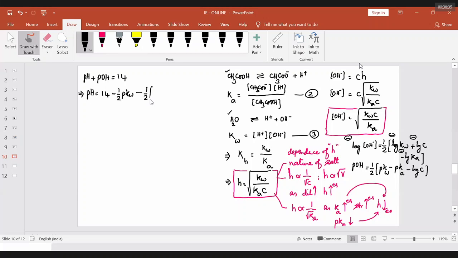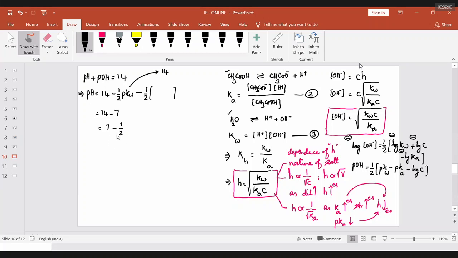Half and something. Now 14 minus what is pKw? pKw is 14, right? Because pH plus pOH is equal to pKw. Half into 14, 7. Okay. This is 7 minus half into something.